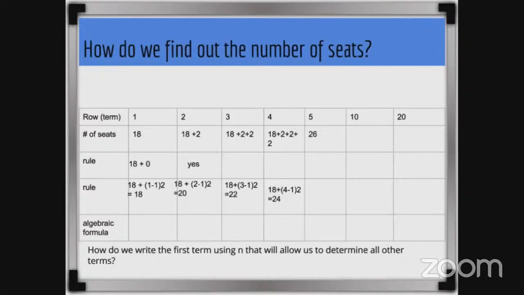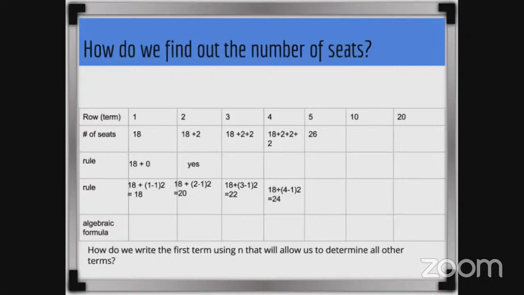So that's why I subtracted 1 here, because when I look at the pattern, 18, then 20, then 22, then 24, then 26, if I'm at the 5th row, I started with 18.